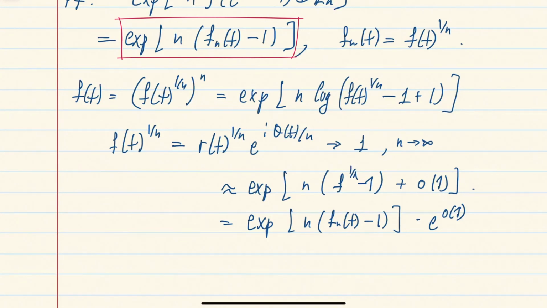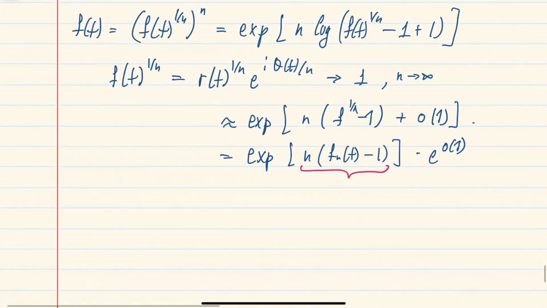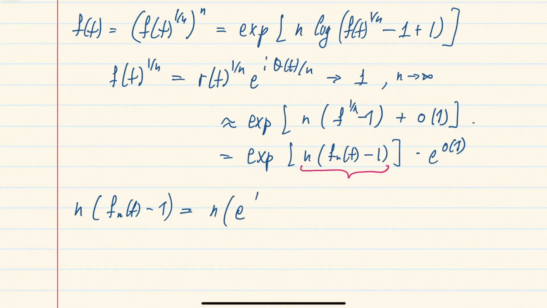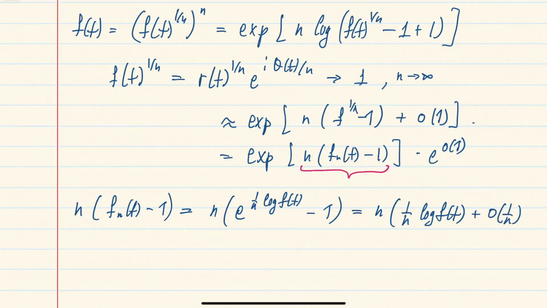And then to show this convergence that we want, if we just take a look at this expression in the exponent, and then rewrite the nth root of the characteristic function as e to the 1 over n times the logarithm of the characteristic function. Now, when you write Taylor polynomial for this exponential, you get exactly 1 over n log of f(t) as the first term, and the lower order terms, which I will just write as a little o of 1 over n.